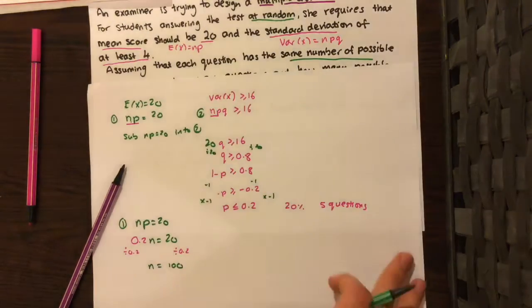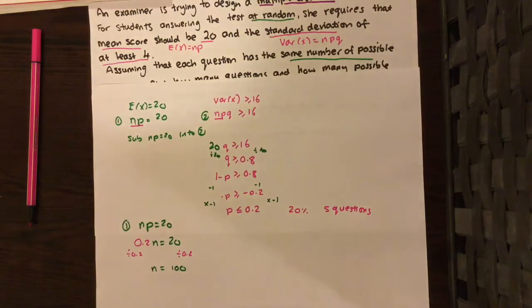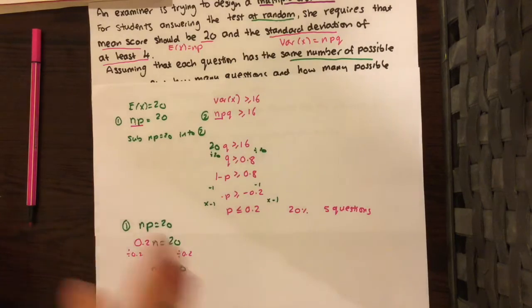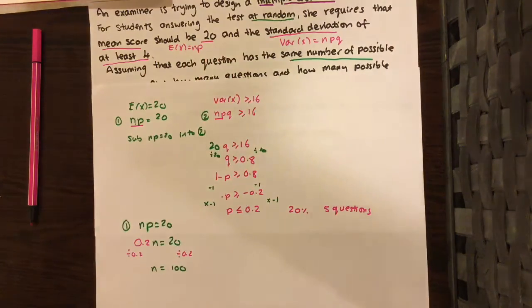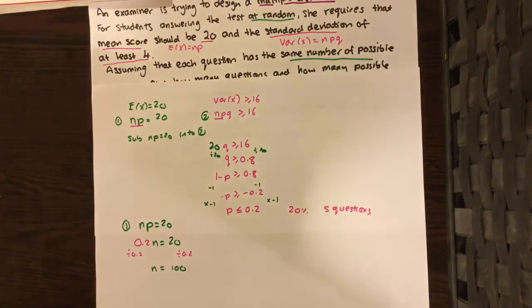So for our examiner, she'll need 100 questions, each with 5 possible answers, to ensure that just by randomly guessing, your mean score is 20 with a standard deviation of about 4. So if you're trying to set a basic pass mark, you might choose 25 or 30 to ensure that a student must have studied something to get some questions right, rather than just randomly guessing.